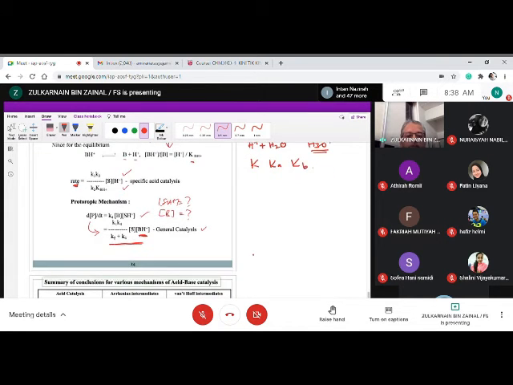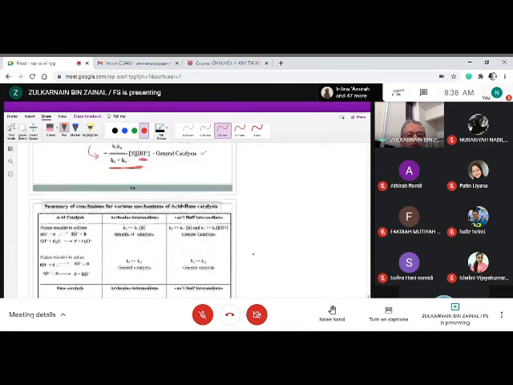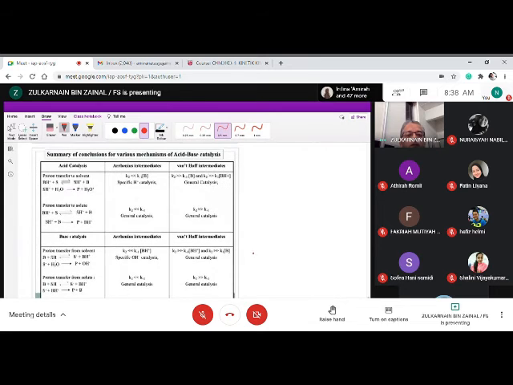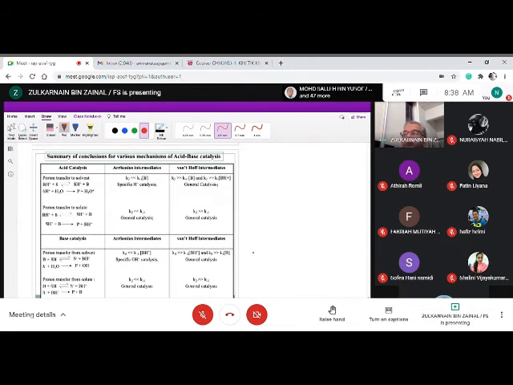So that's why it is classified as general acid catalysis. All right. And then you come to this part, which is the summary of the various mechanisms of acid-base catalysis. So how do you classify into the Arrhenius and Van Hoff intermediates? How do you classify them into acid catalysis and also base catalysis, right?